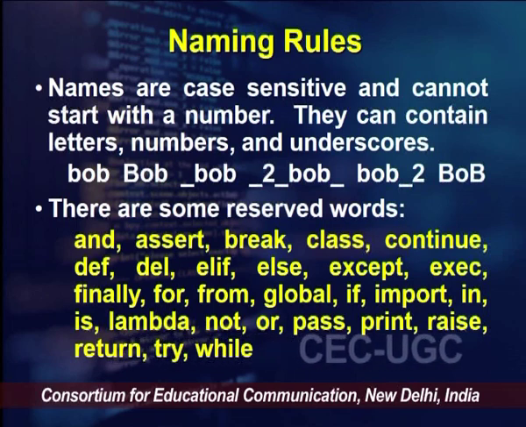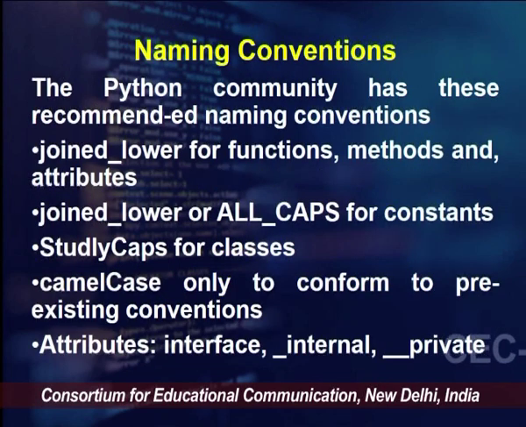Besides this, we have certain other naming conventions which are followed. For example, all caps is used for constants. These are only conventions, followed so that the program is consistent with the standards and easily readable. Then you have joined lower names for functions, where you put an underscore between the words, for function names and attributes.